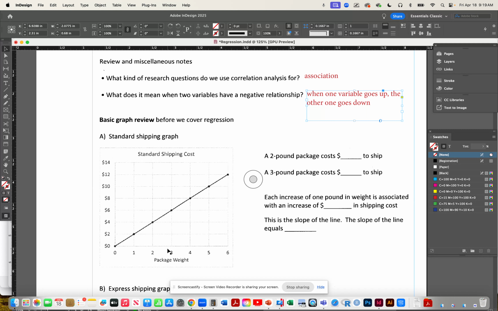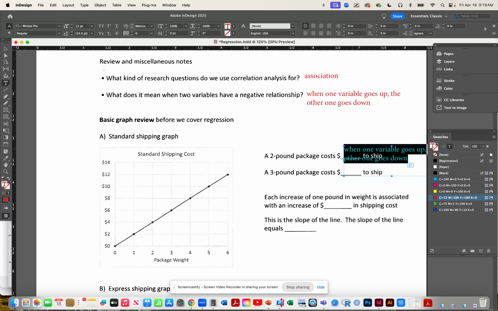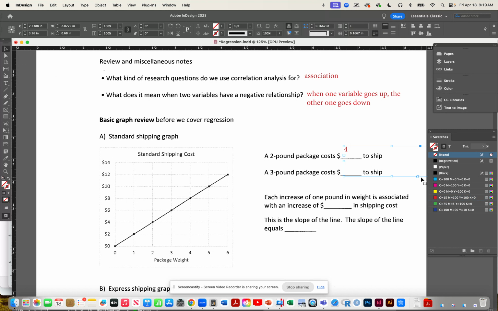Looking at this graph, a 2-pound package costs how much to ship? If you look at 2 and then the line, we see that it costs $4. Now, what about a 3-pound package? We go look at 3, go to the line, and we see that it's $6.